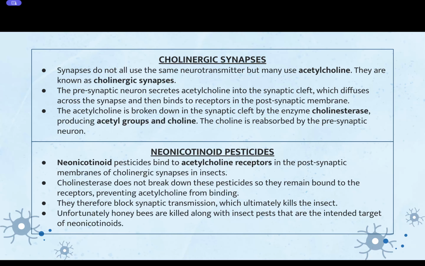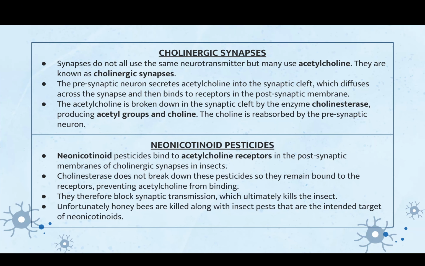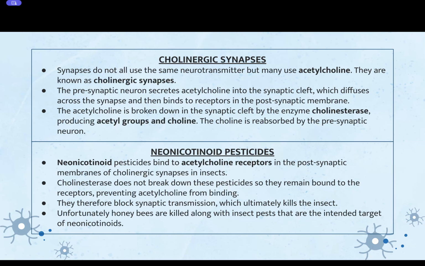The synapses that use acetylcholine are known as cholinergic. I can't pronounce this anymore, guys. Cholinergic. Whatever. You know what I'm talking about. Those synapses are the ones that use acetylcholine.